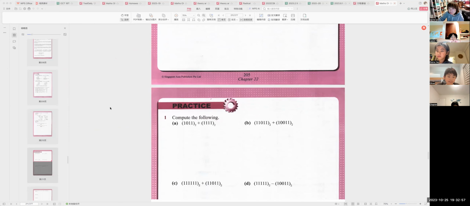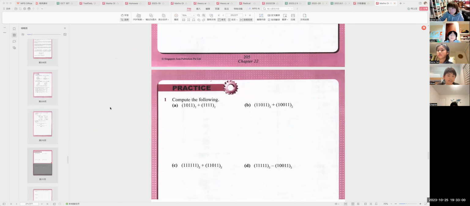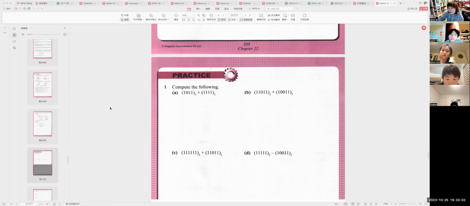So now everybody, let's take a look at this one. These are very easy, okay? But the minus, we never did it before, right? So let's just do number 1 and 2 first, these two plus together, and then we do the minus together.